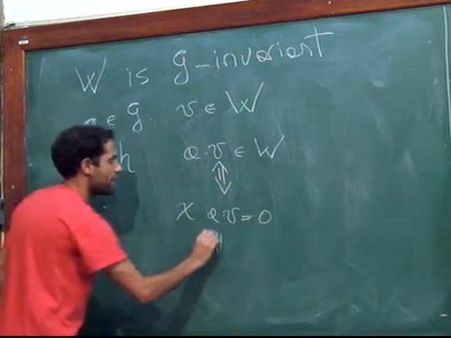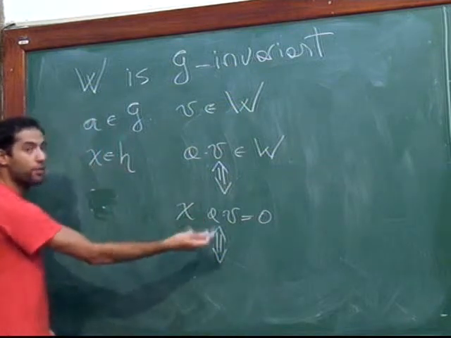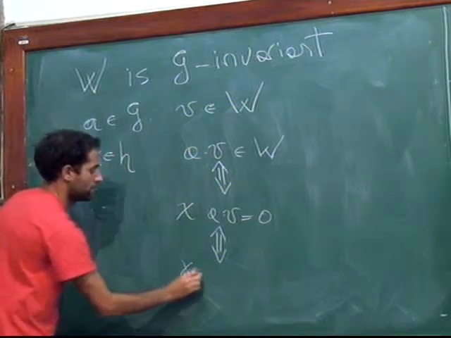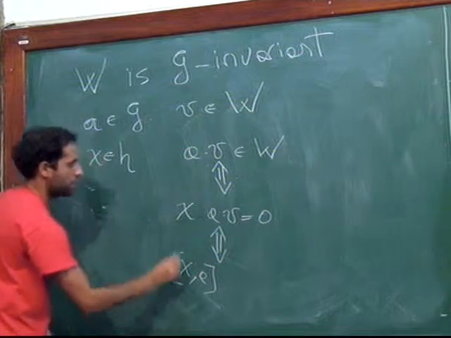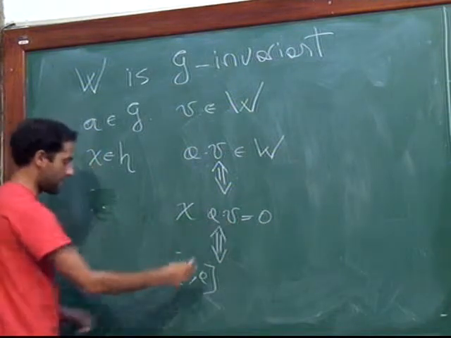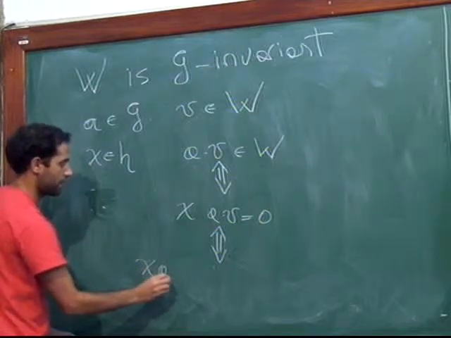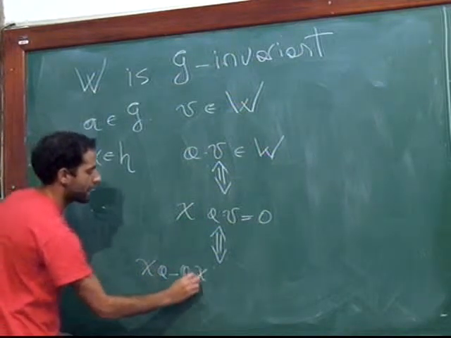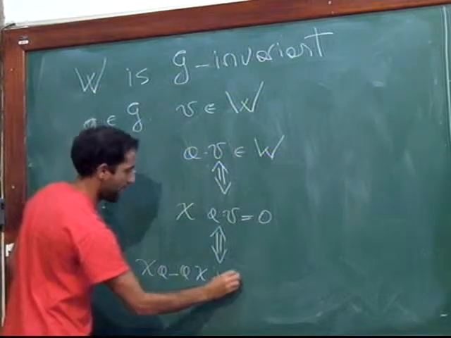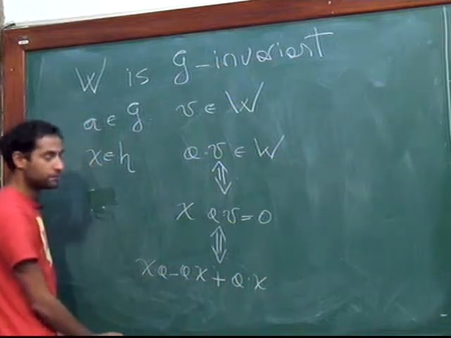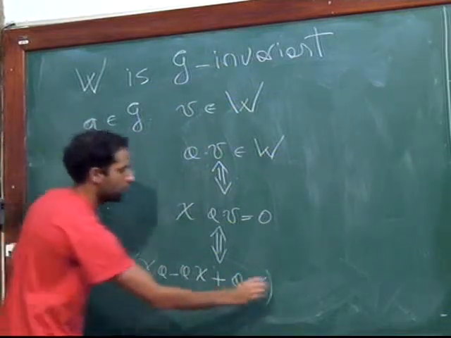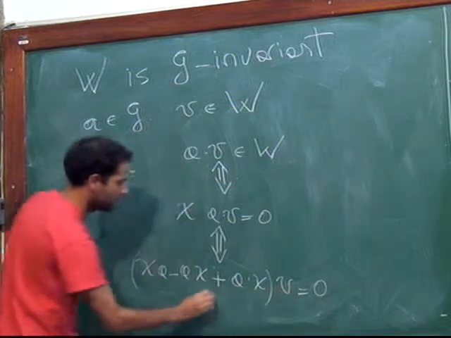But this is if and only if I take their bracket, X times A times V is the same thing as X times A minus A times X plus A times X on V. This is equal to 0.